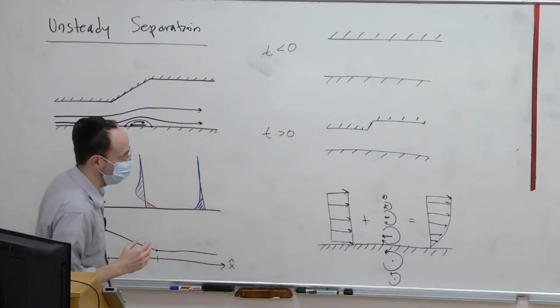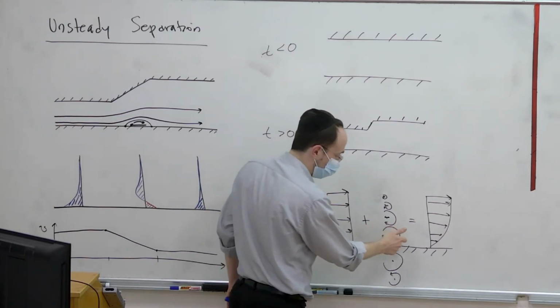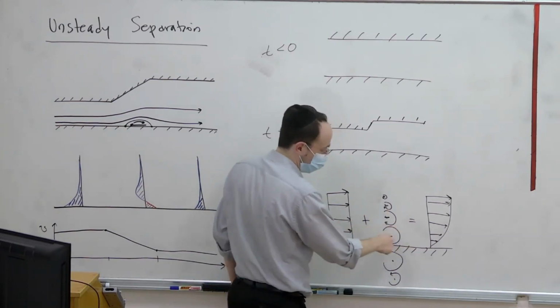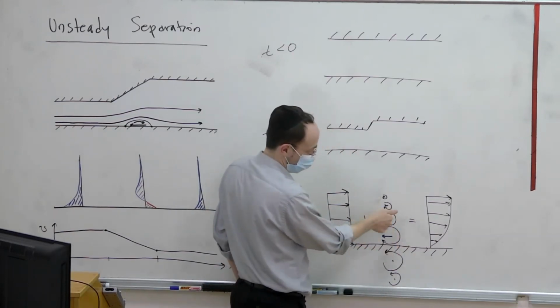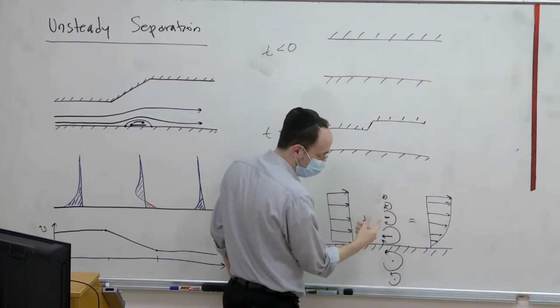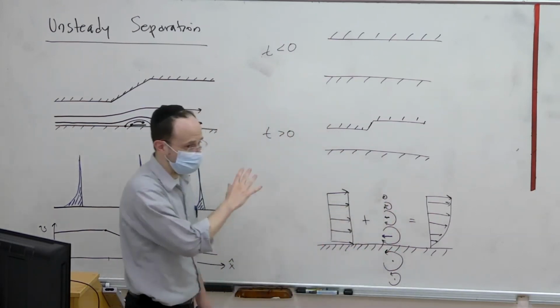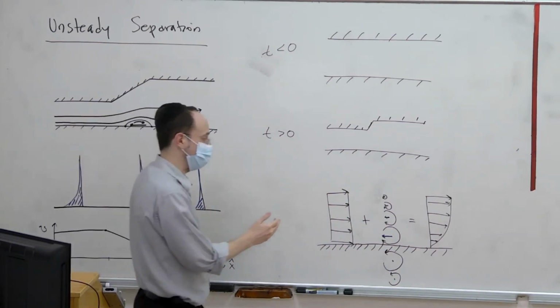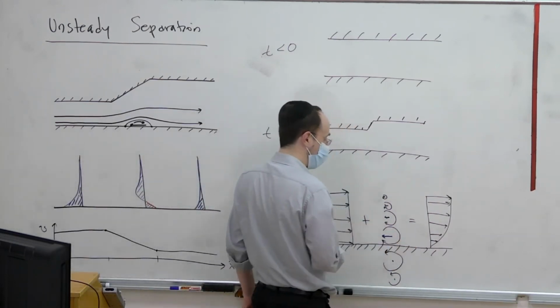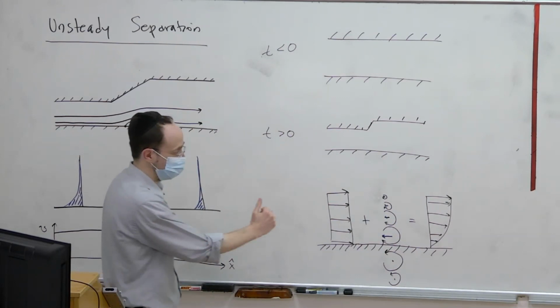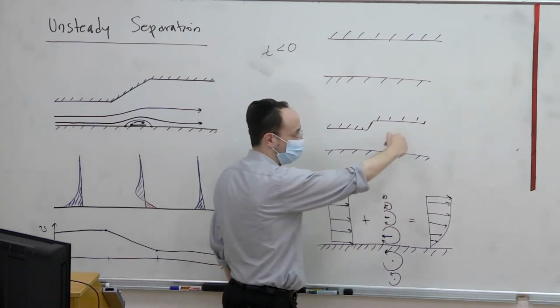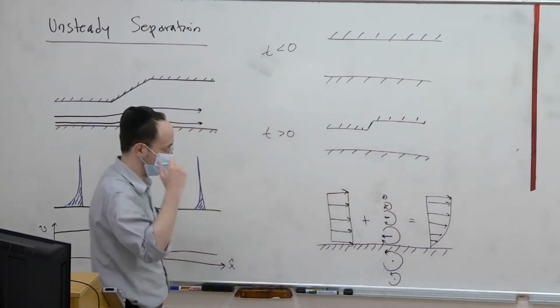But because these are moving backwards much faster, the fact that this induces a forward velocity on these also is not going to change the overall result. You can still set it up so that the ones near the wall are moving backwards the fastest, and the ones that are farther away move slower and slower in terms of the backwards direction.